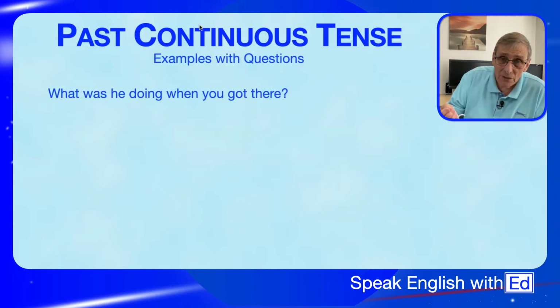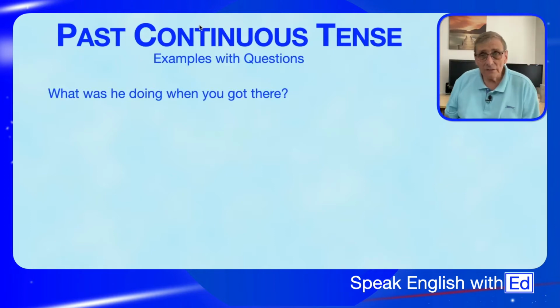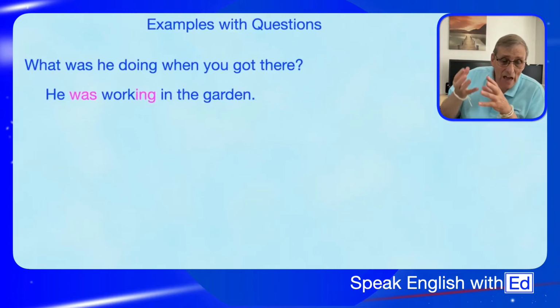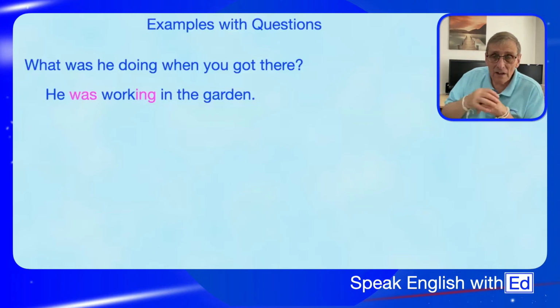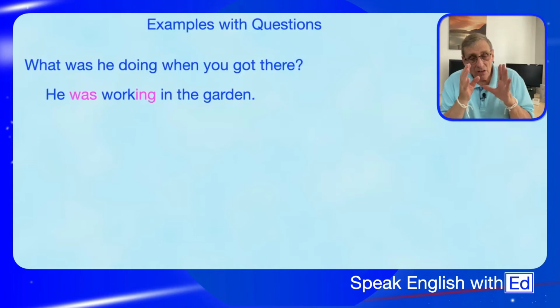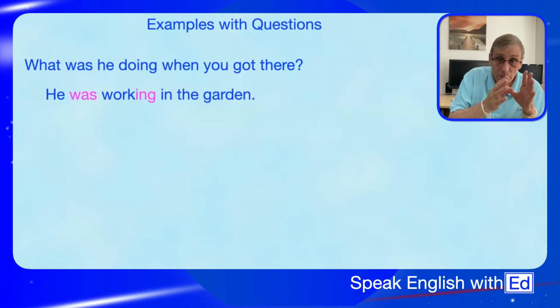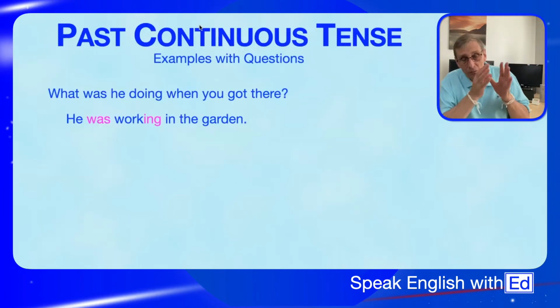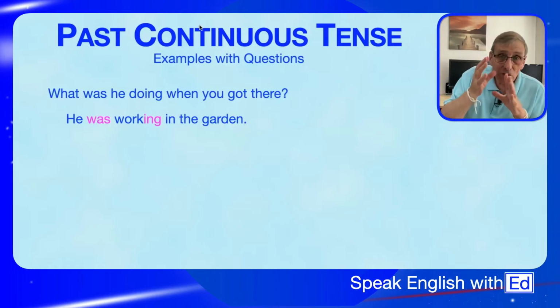So you use the past continuous and you say he was working in the garden, because you're using he was, which is the past be verb that goes with he, and you've got ing added to the action verb work, right? He was working in the garden.